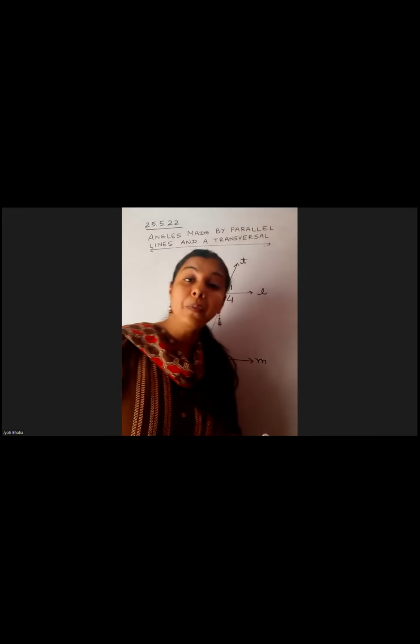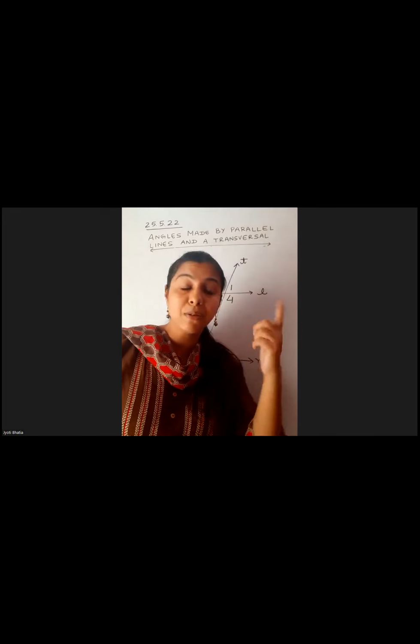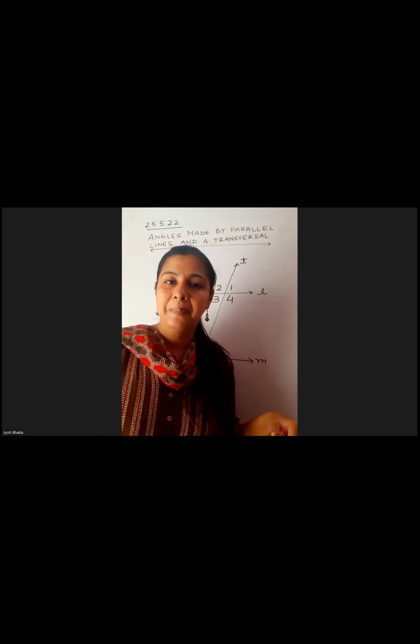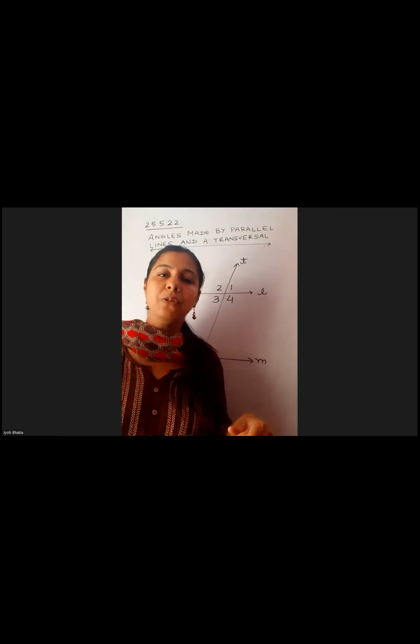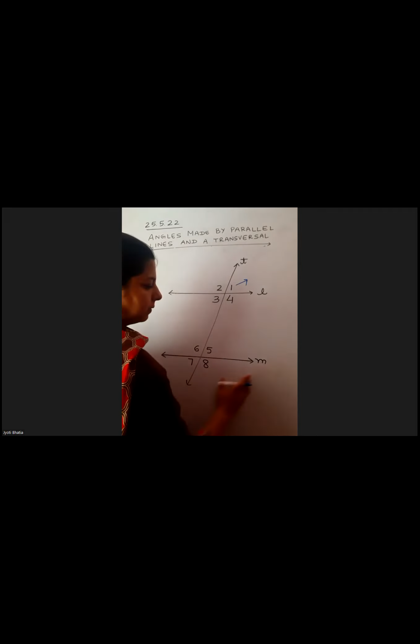Do you remember, children, we learned how to make faces of these angles? Yes, ma'am. So let us draw faces of these angles. Now, where will be the face of 1? Will it be this side? Yes, ma'am. Now, which other angle will have the same face?